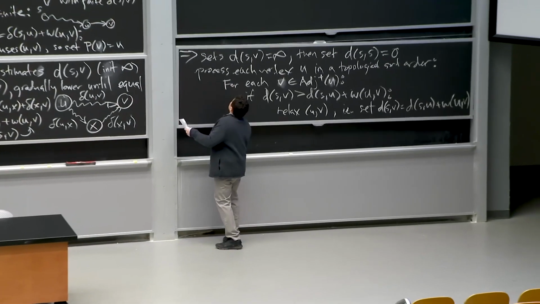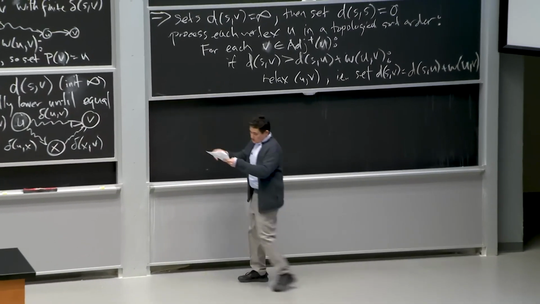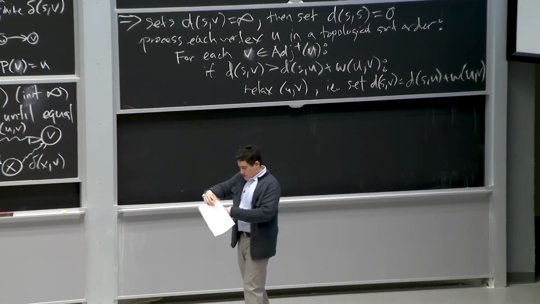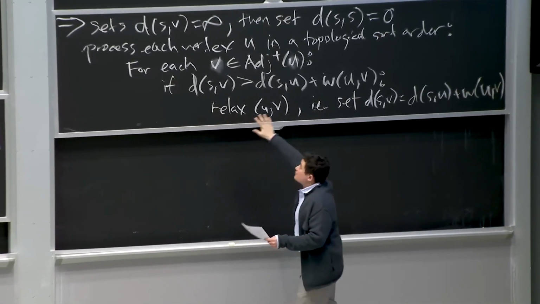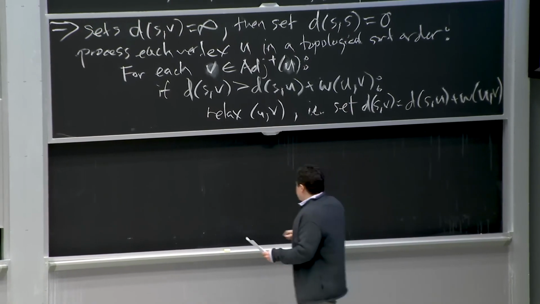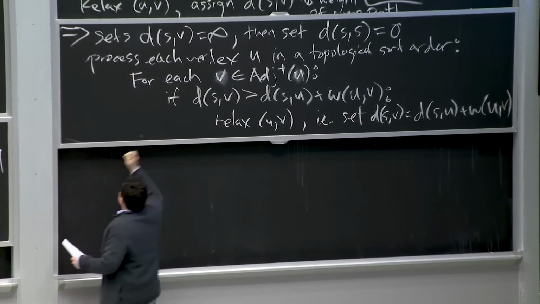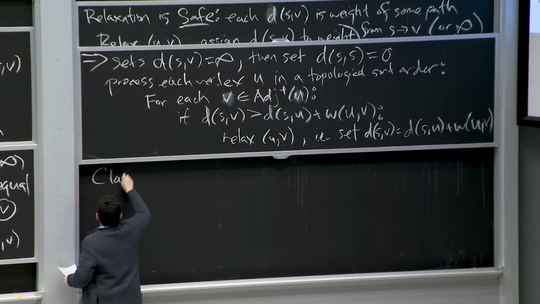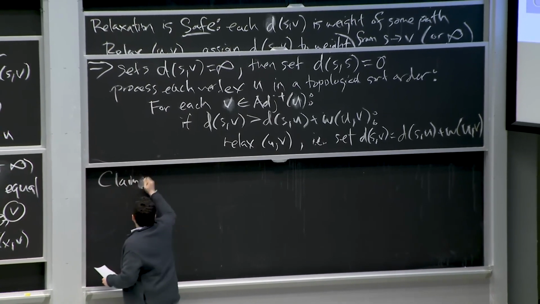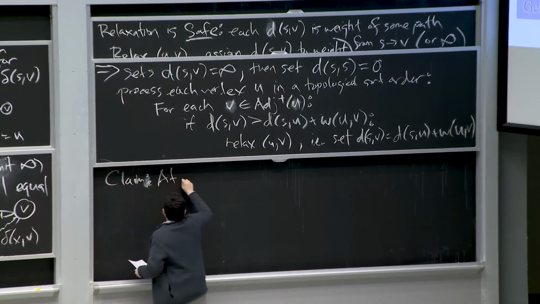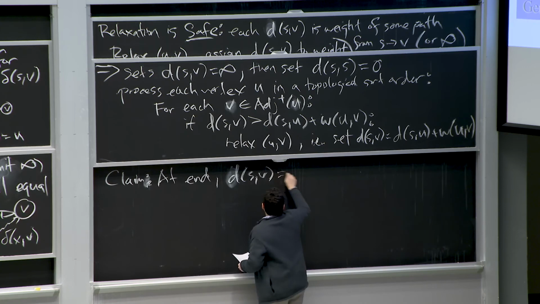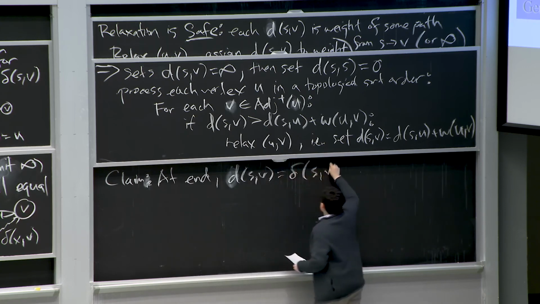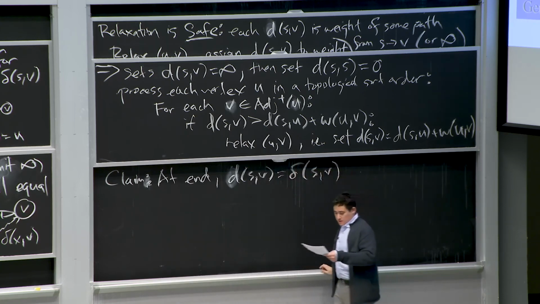Let's take a look. The claim to you is that at the end of relaxation, this algorithm has set all the estimates equal to the shortest path distances.